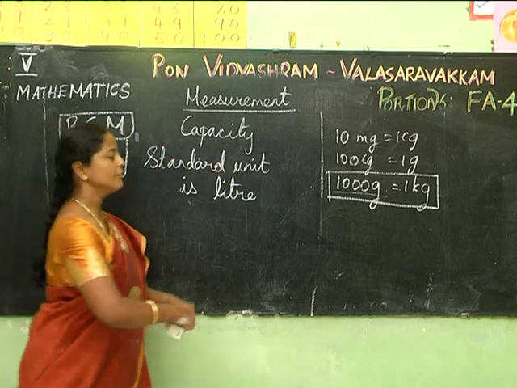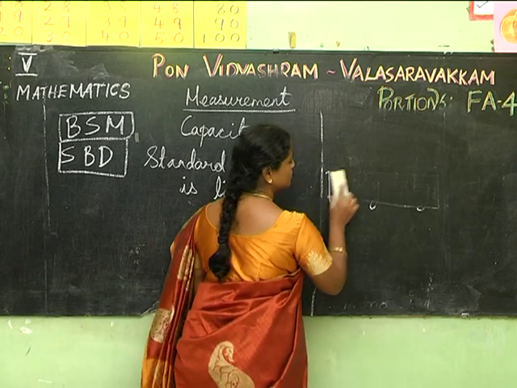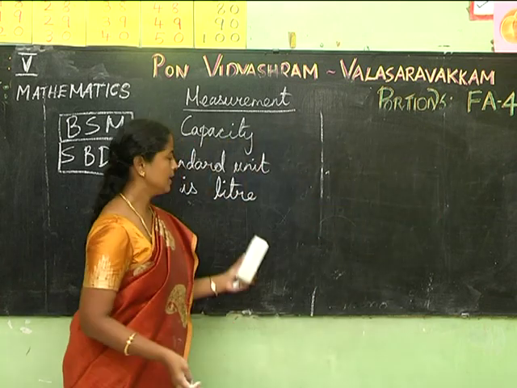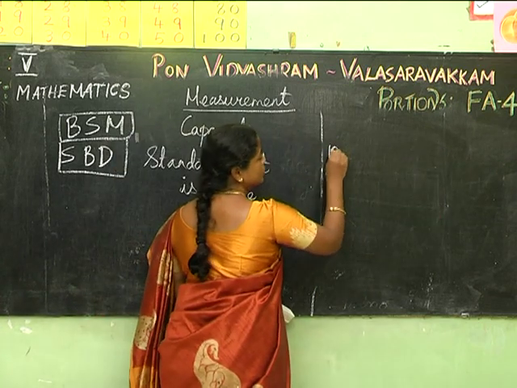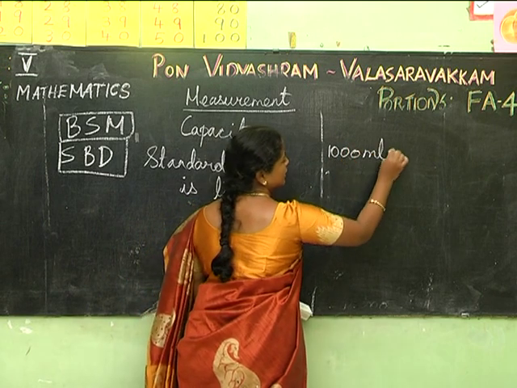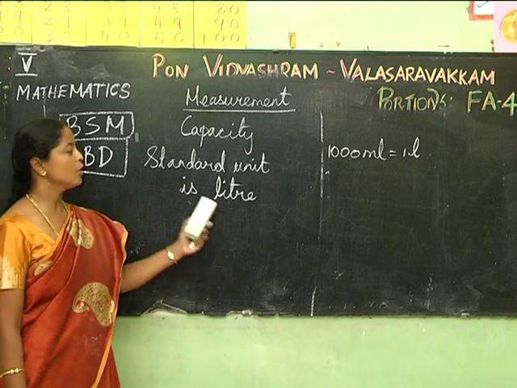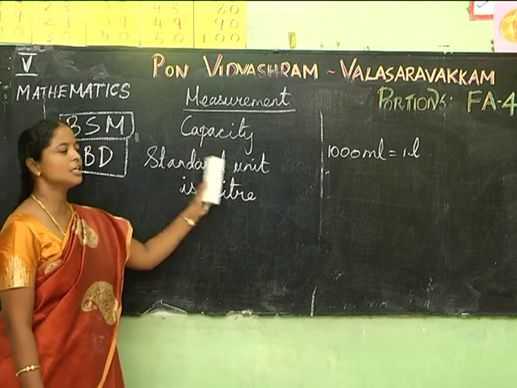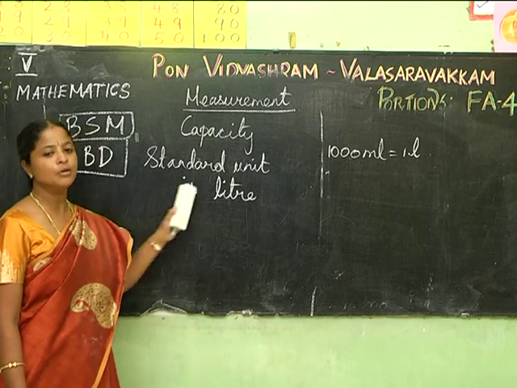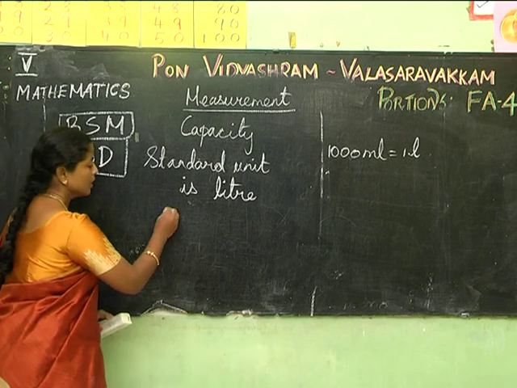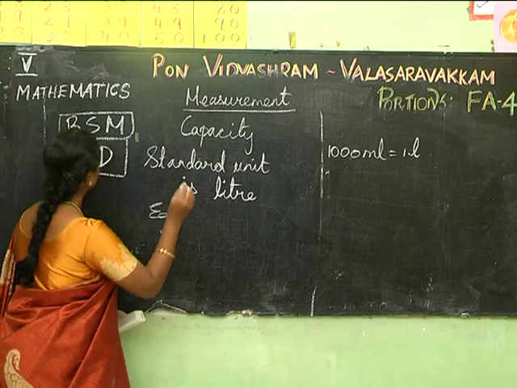So we have the relationship between liter and milliliter. 1000 milliliter is equal to 1 liter. With this relationship, we can convert from milliliter to liter or from liter to milliliter. So one example I shall do.